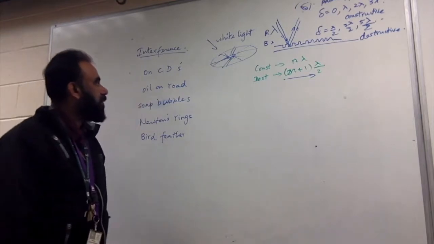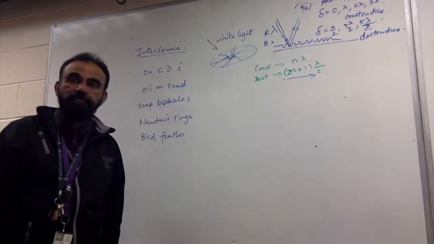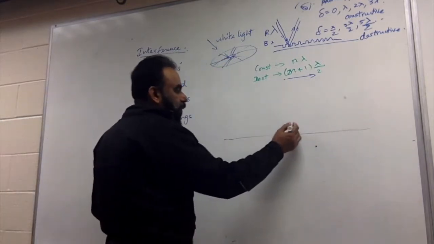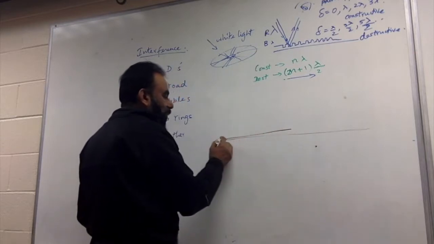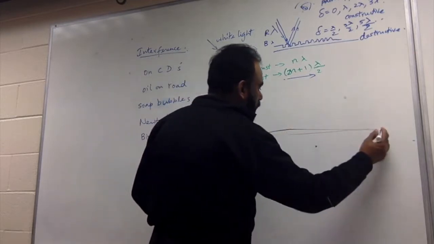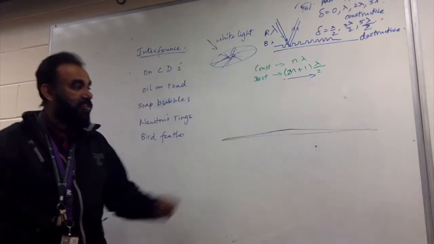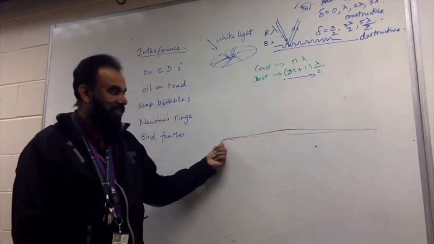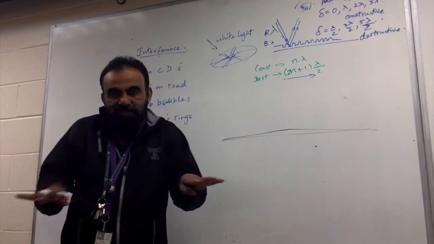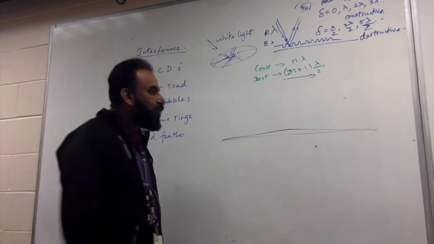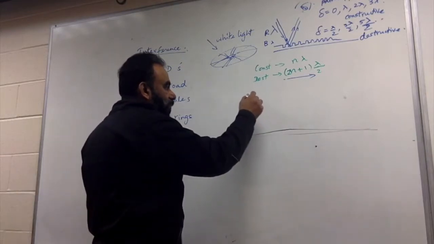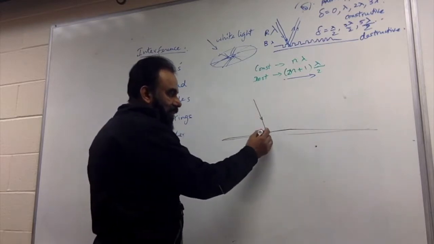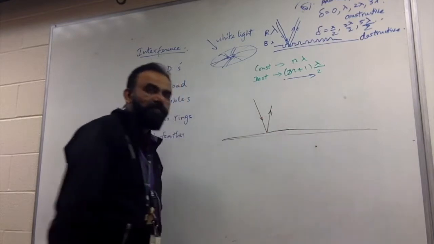Now what happens? Oil on road. Oil on road is like this. This is the road. The oil drops somewhere, and then the oil kind of spreads off to both sides. So where it dropped, it's going to be thicker, and where it is spreading off, it's going to be thinner and thinner, right? So when light comes and falls on it, the light reflects off first, this way.